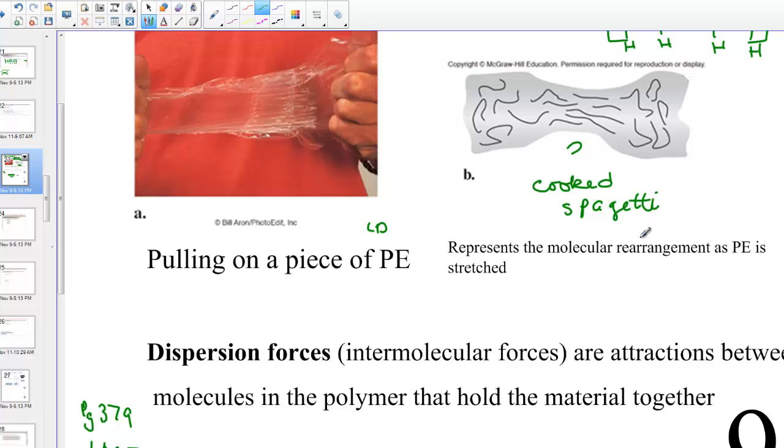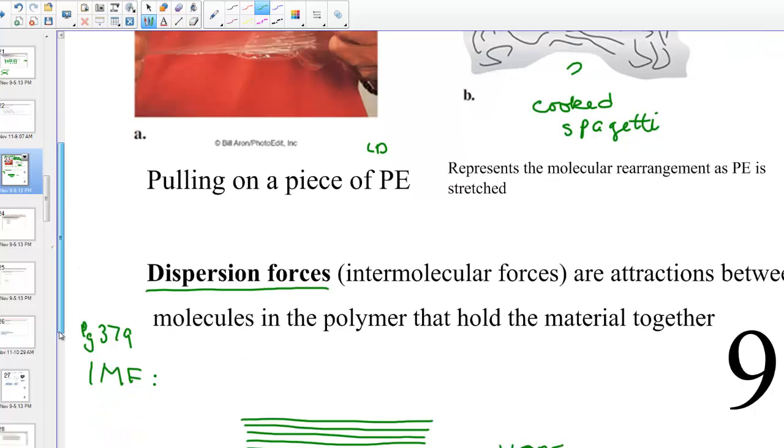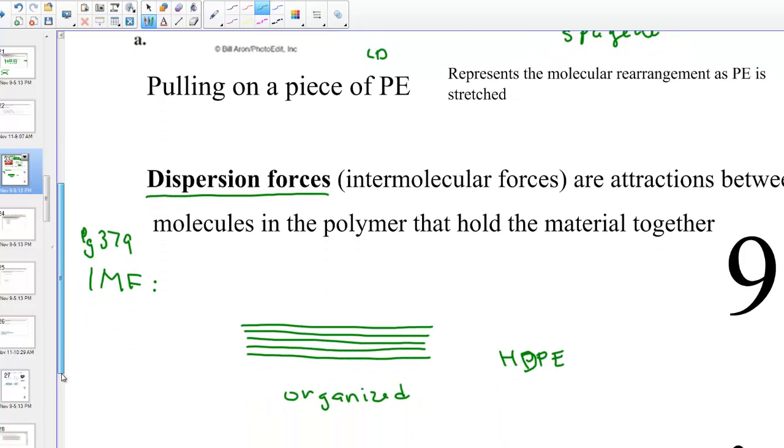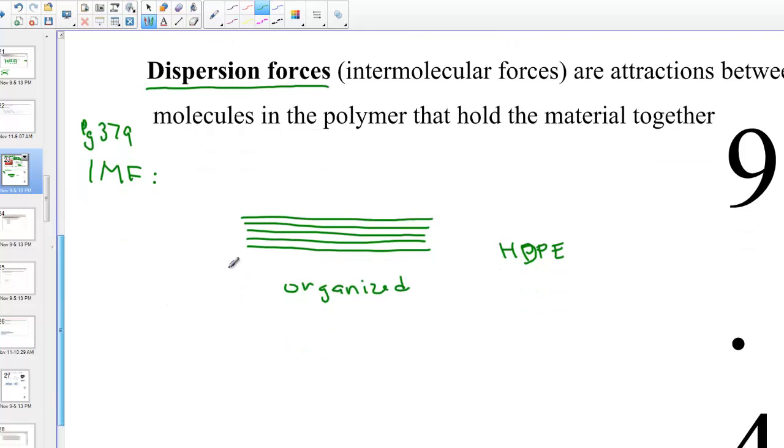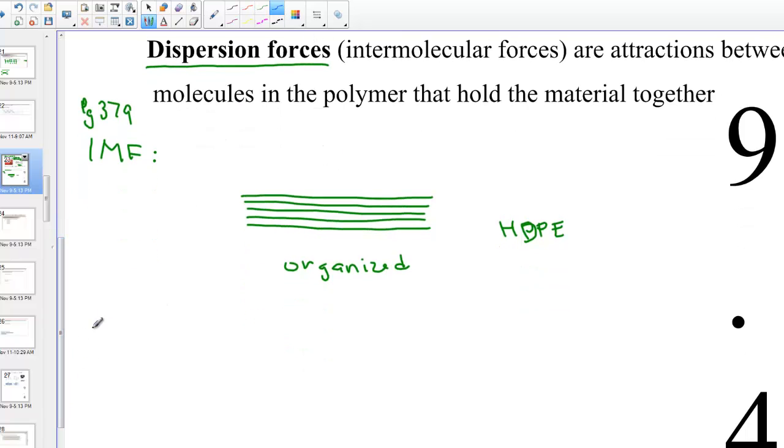What creates these disorganized or highly organized arrangements are the intermolecular attractions between the monomers as they start to build their polymer chains. I'm going to remind us a little bit about a previous lesson on intermolecular attractions.